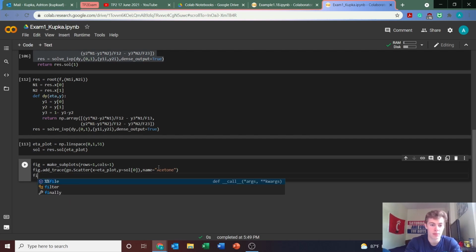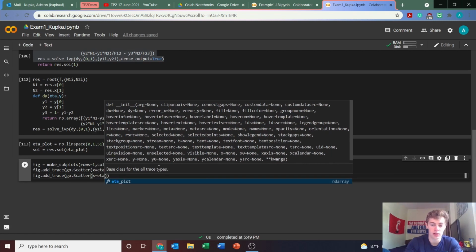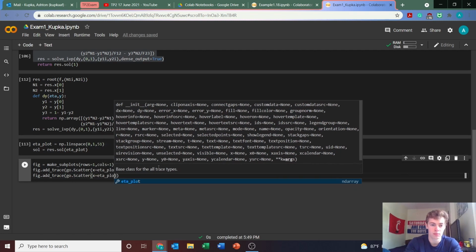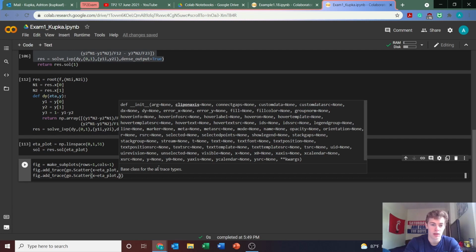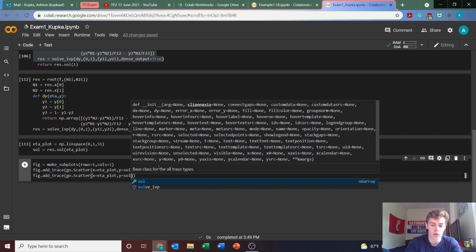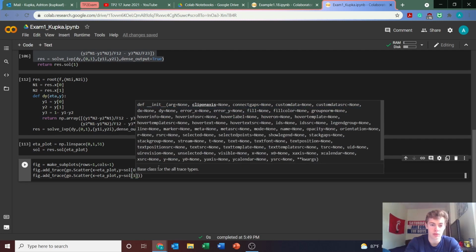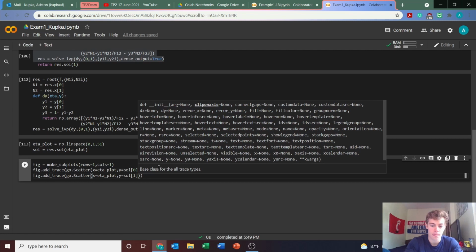Now we're going to do the same thing for our methanol. We're just typing out the exact same thing, except x is going to be equal to eta_plot again, and then our y is going to be equal to our solution array, but it's going to be the second component, so index 1.